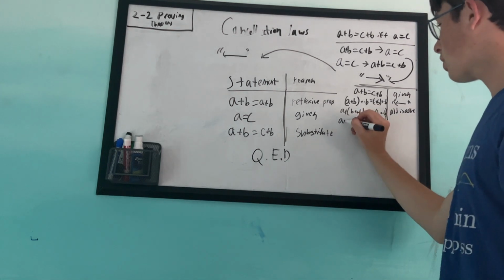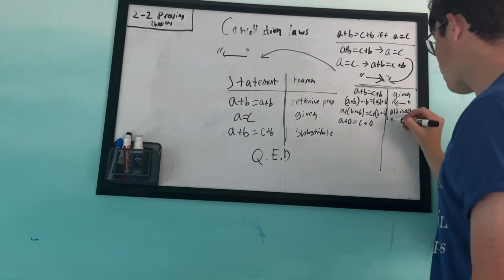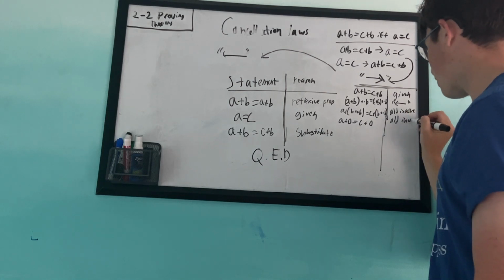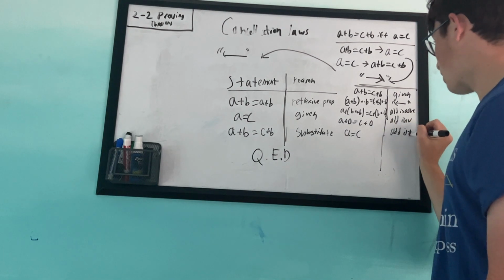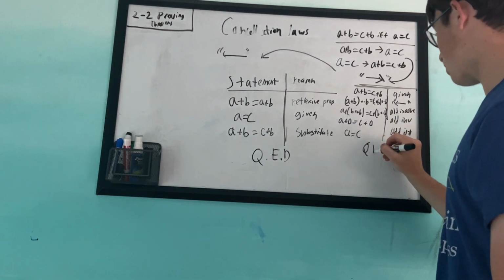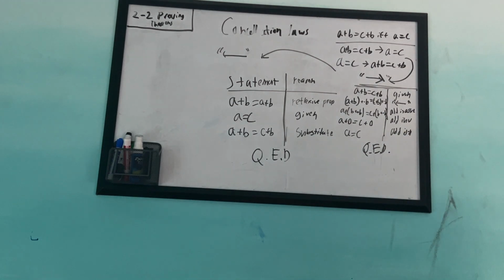And then we got A plus 0 equals C plus 0. That's the additive inverse. And then A equals C, additive identity. And then we just get our QED. And now we've shown that if you add or subtract the same thing on both sides, the equality still holds.